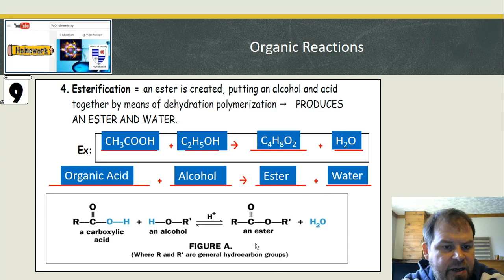And in this picture, I'm taking off the OH off of the carboxylic acid, which is a common name for a particular kind of organic acid. We won't have to worry about that. You take the OH off of that, the H off of the alcohol, and you make the ester. I personally almost don't believe that.